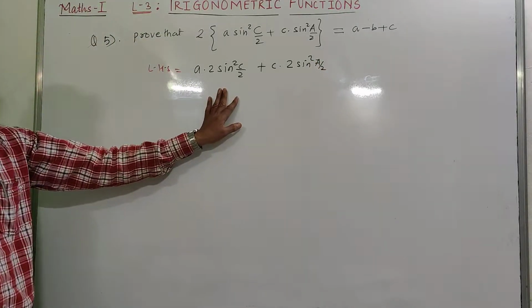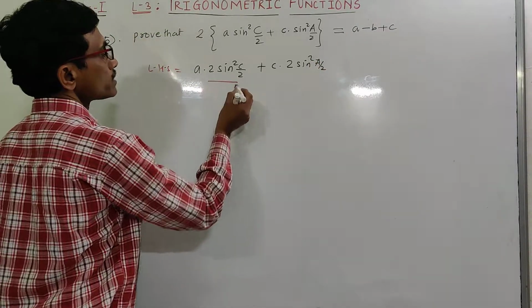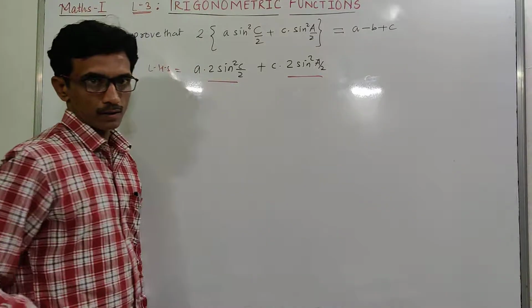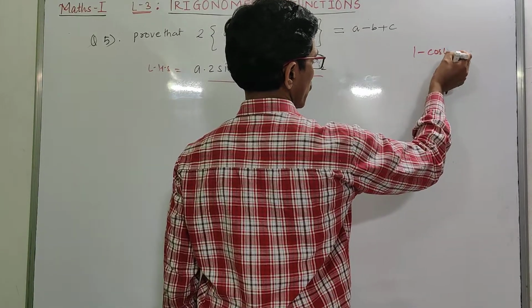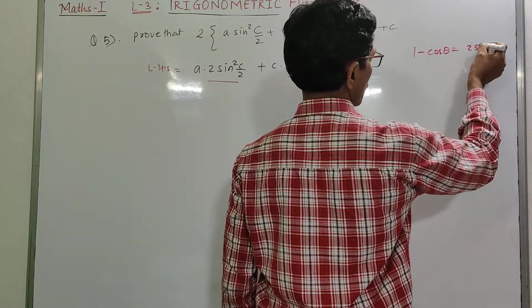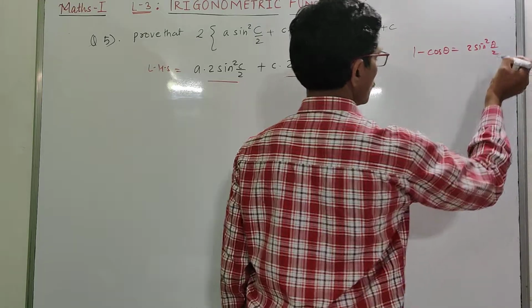This is our LHS. Look at this 2 sine square A by 2. We have this 1 minus cos theta is equal to 2 sine square theta by 2.